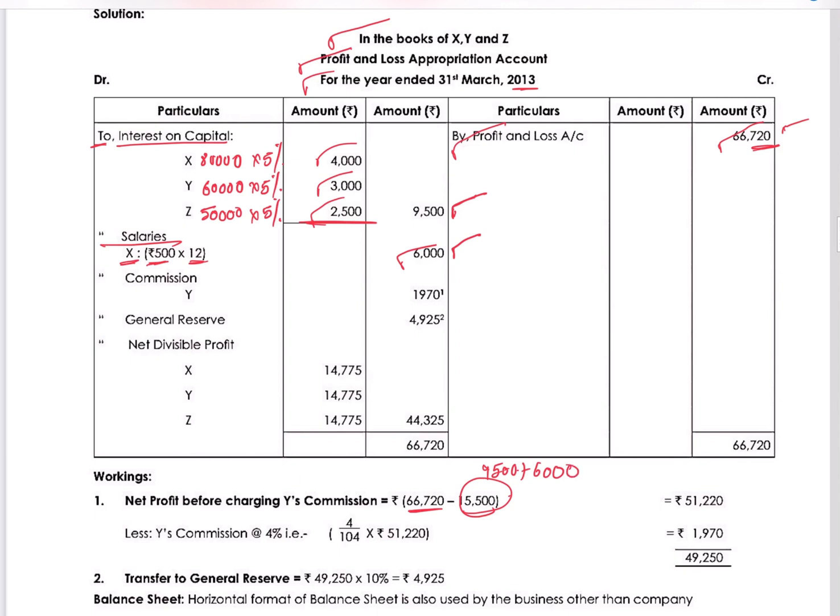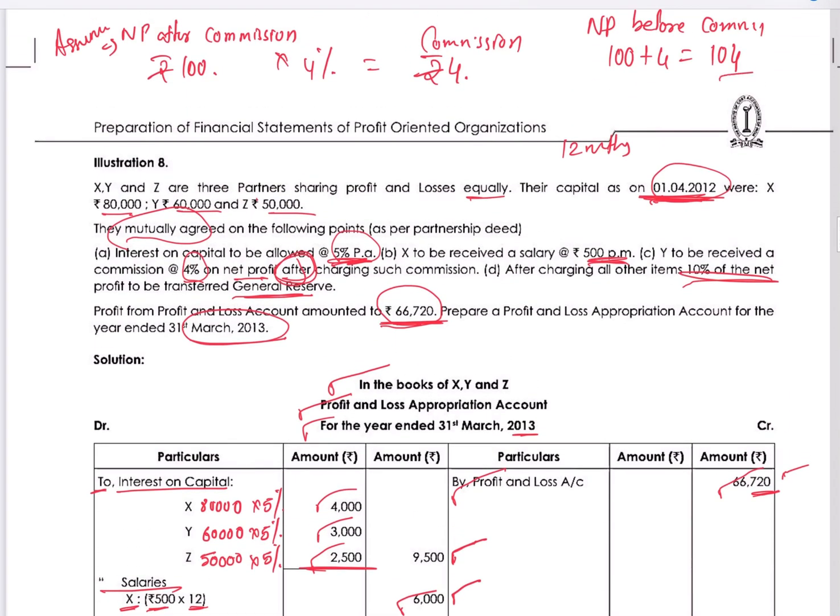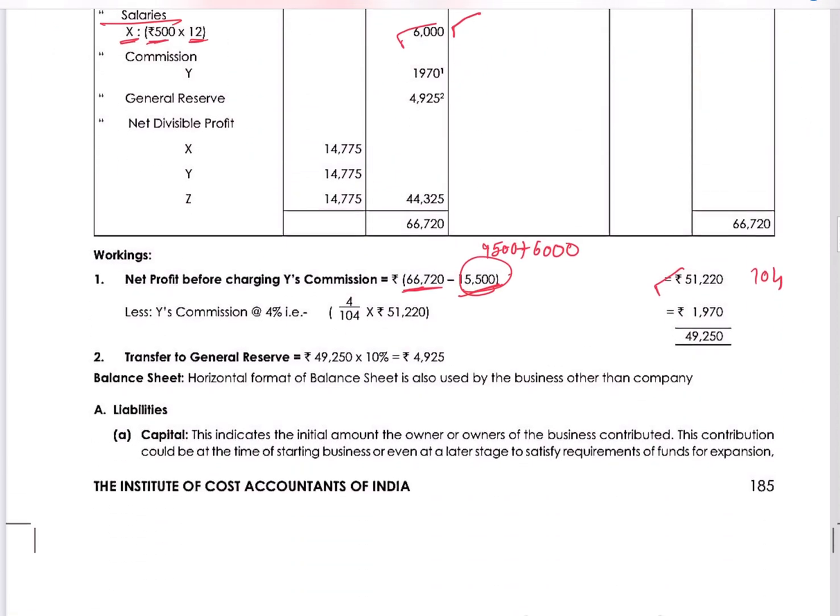So they have reduced both, and if I remove interest on capital and salary from net profit, my net profit before charging Y's commission is 51,220. This is nothing but the 104 which we are saying in this case, and we have to apply 4% on this. So how will we calculate? We'll do 4 divided by 104 into 51,220.